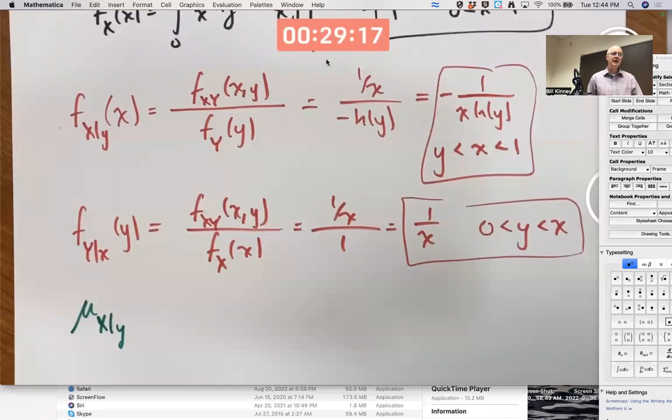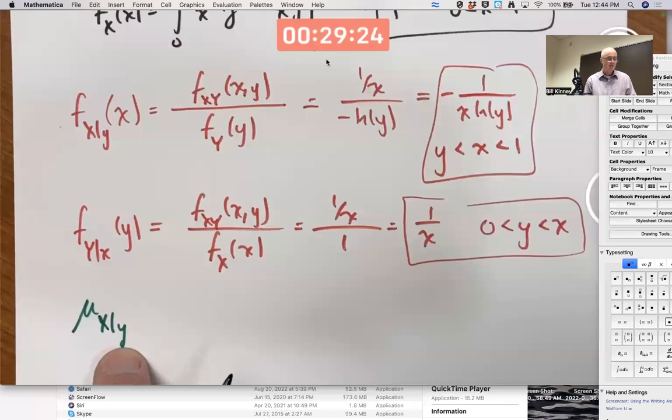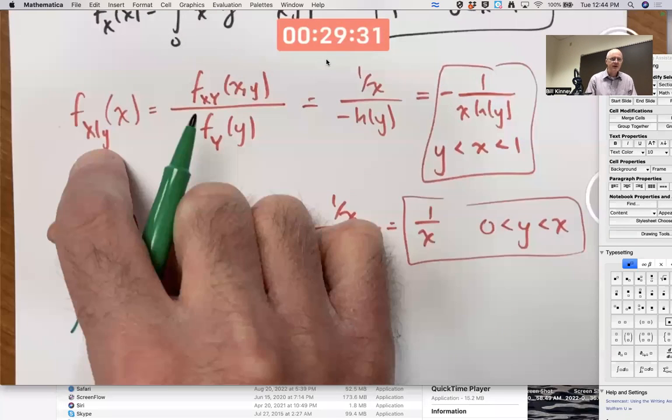Continues to be confusing here with the domains. We want to find the curve of regression of X given Y. Is this a function of Y or is it a function of X? It's the mean of this variable.